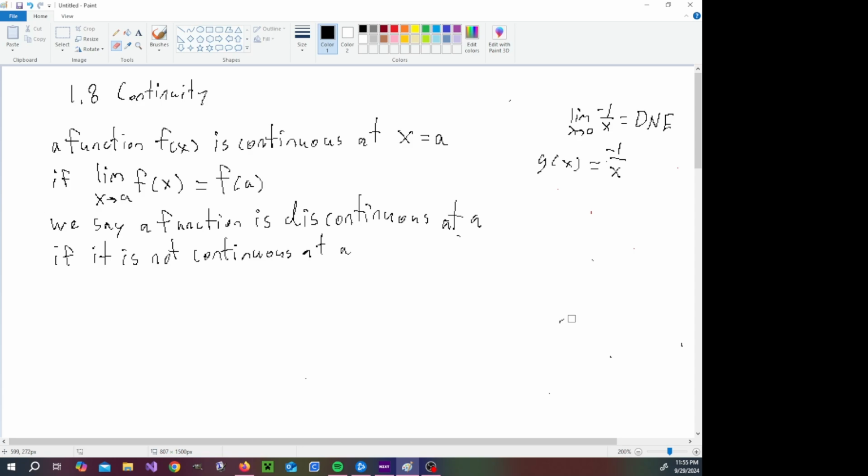Now, the next piece, using these definitions, let's look at this graph of a piecewise function.